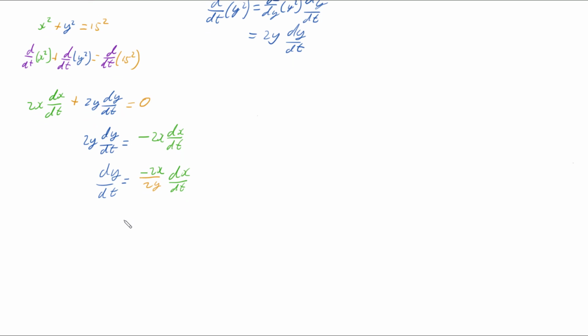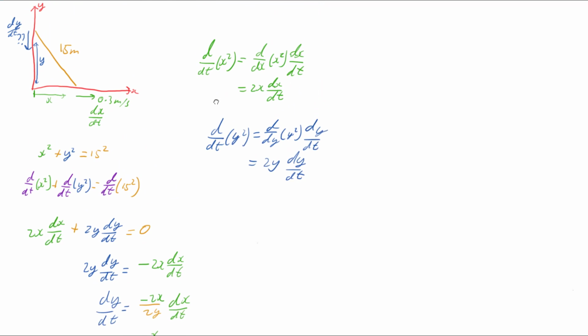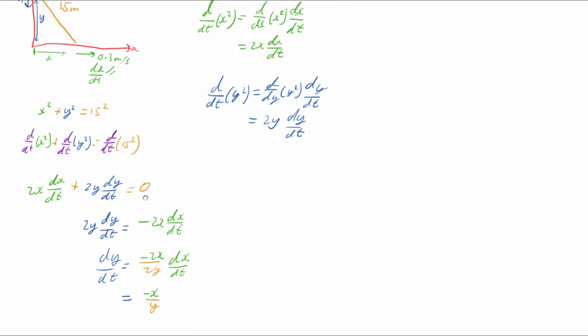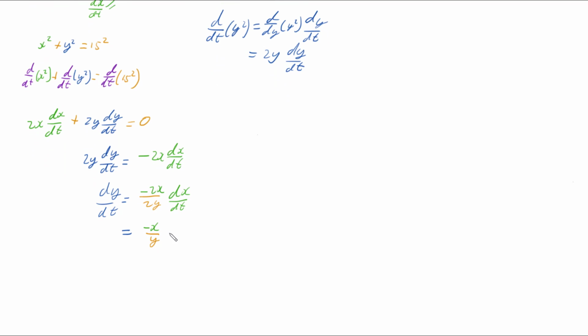Those 2's are going to cancel out, so that's going to leave us with negative x over y, and dx/dt we know is 0.3 because dx/dt was given to us. It's the rate of change of the movement of the ladder away from the base of the wall, so we've got 0.3.